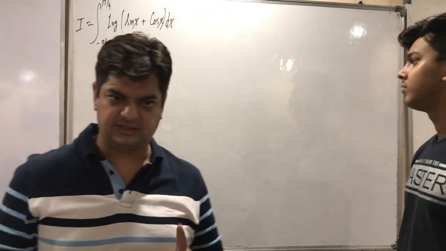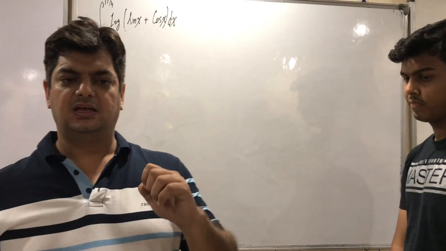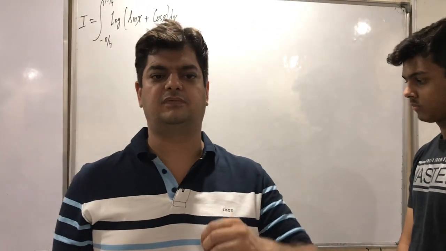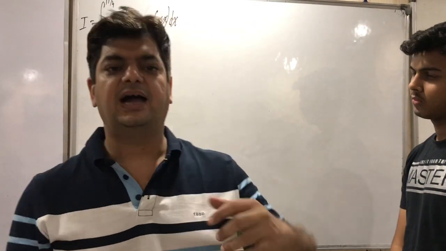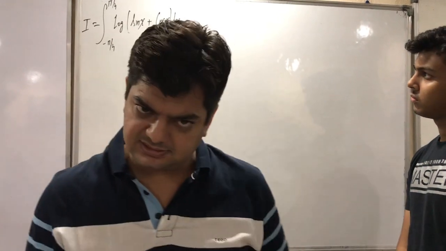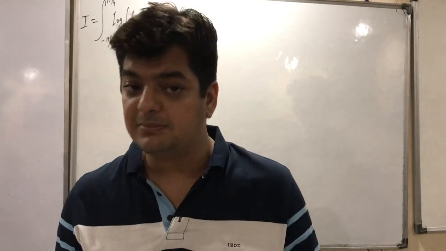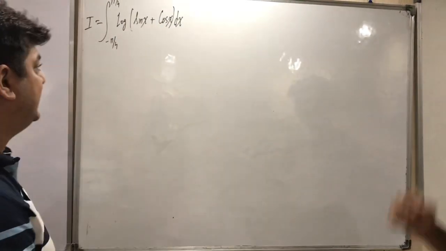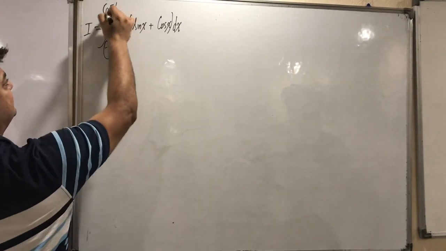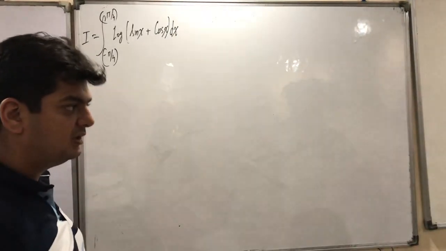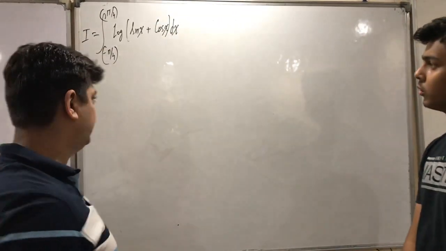I have one more property which says if we have to integrate a function from a to b, I can get the same result if I integrate a to b f of a plus b minus x, and that means this plus this minus x. Since they are additive inverses of each other, this plus this happens to be 0, right?